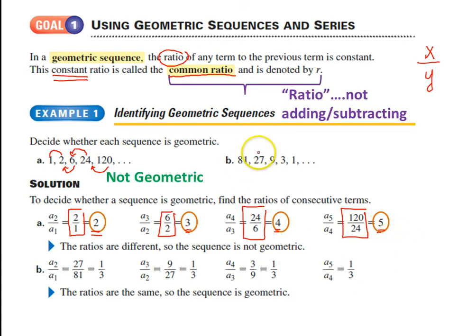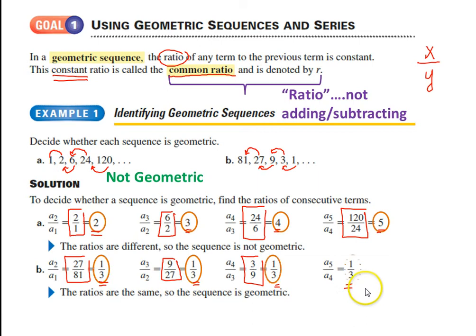Well, how about the next one? What's the ratio between 27 and 81? It's 1/3. The ratio of 9 to 27 is 1/3. 3 to 9 is 1/3. 1 to 3 is 1/3.